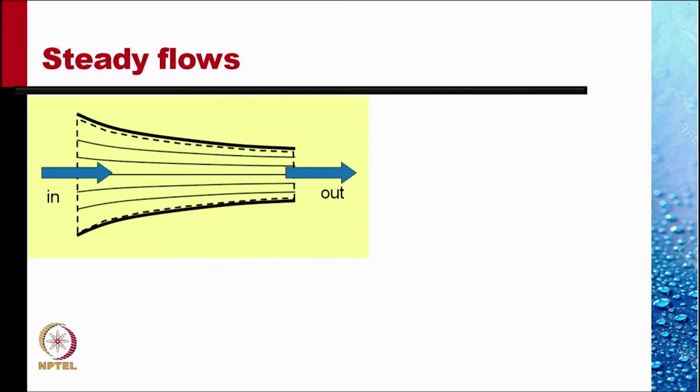Let us consider a steady flow in a channel where the mass is coming in at the left end and is leaving at the right end. Clearly, in steady flow, there will be no accumulation of mass within the control volume. So, the net influx written here is 0. Rho AV in minus rho AV out is equal to 0.